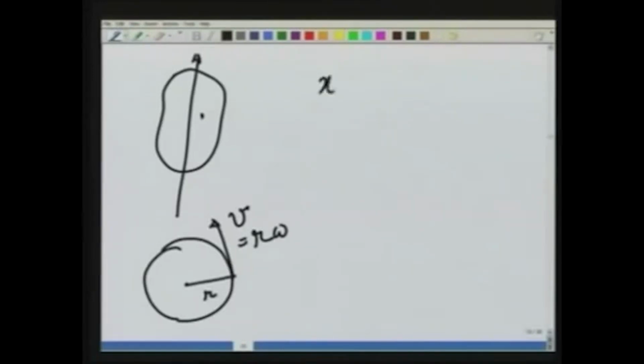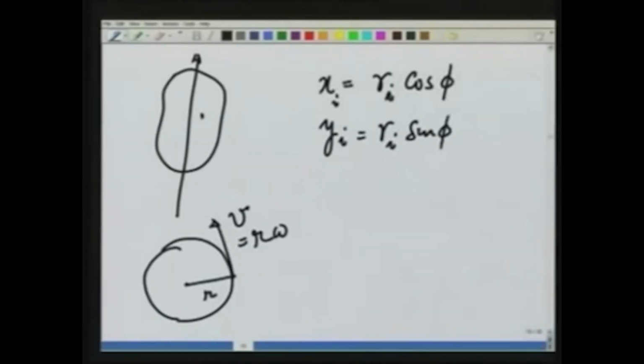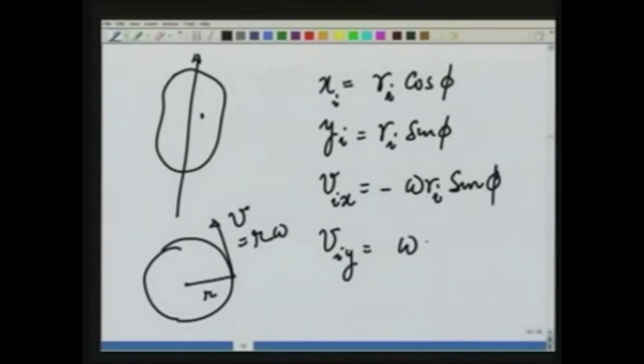The x component of the ith particle is going to be r_i cosine of phi, the y component is going to be r_i sine of phi, and the velocity is in the phi direction. Therefore the ith particle's x component of velocity is going to be equal to omega r_i sine phi with a minus sign, and v_i y is going to be omega r_i cosine of phi.